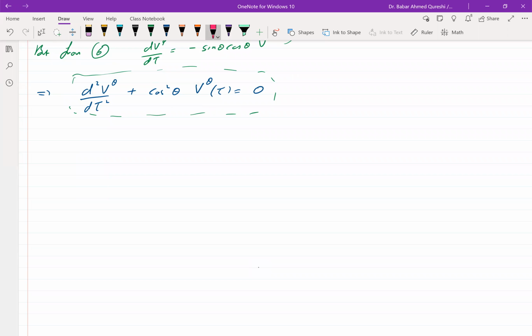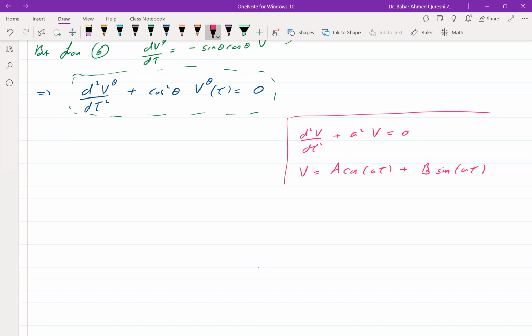Right? Because if you have d2 V over d tau square plus a square V is 0, then the general solution is a cosine a tau plus b sine a tau.